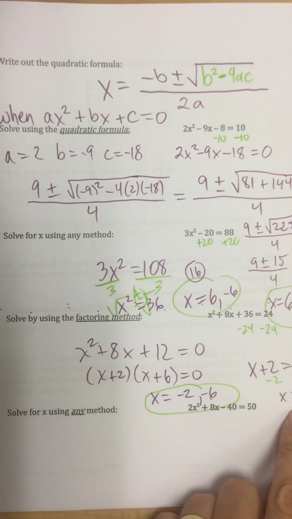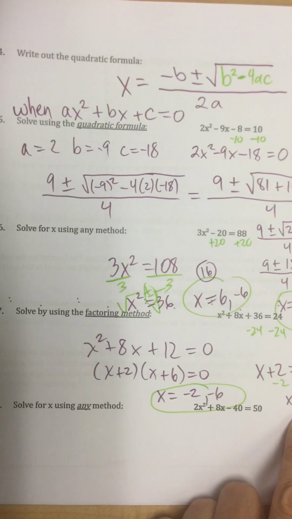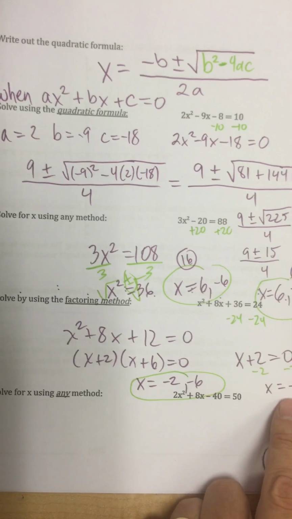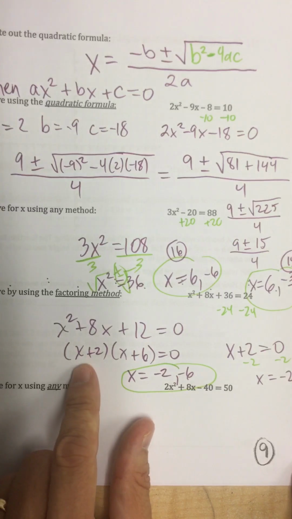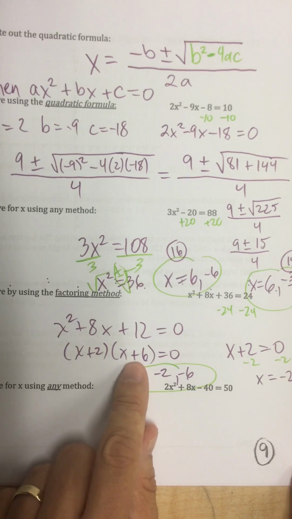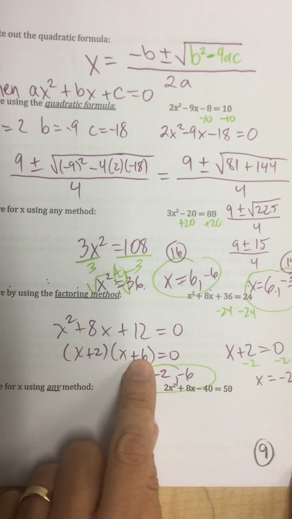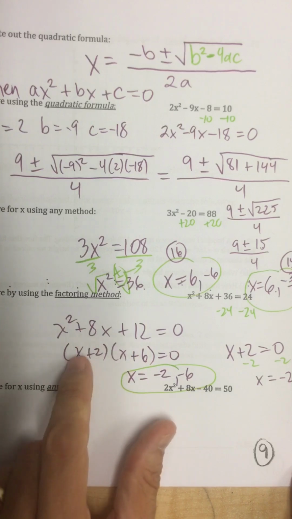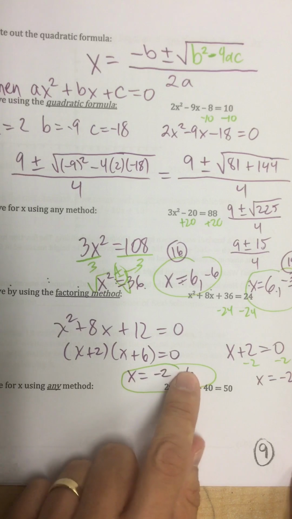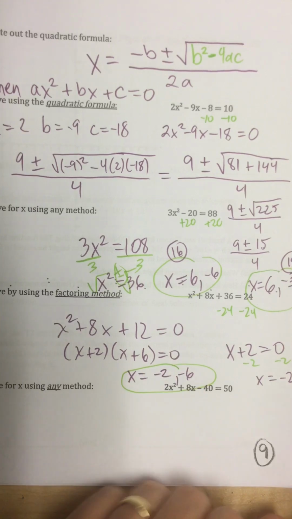Which, think about it, if you plug it in, and you should always plug it in to see if your answer is correct, if you plug in -2, we can plug it into factored form. -2 plus 2 is 0. -2 plus 6 is +4, but it doesn't matter what this factor equals. 0 times anything, 0 times 4, equals 0. And same for when we plug in -6 as well.